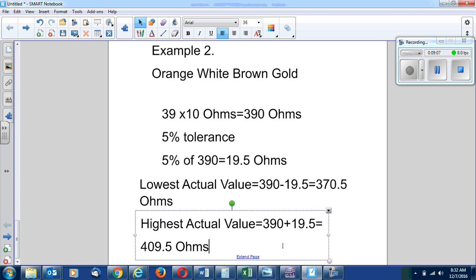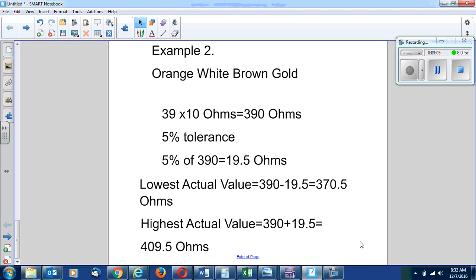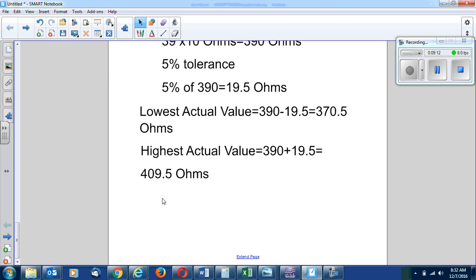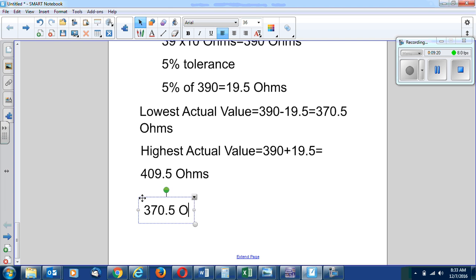Okay, so now I can go ahead and write down my inequality. That resistor's value is anywhere between 370.5 ohms all the way to 409.5 ohms.